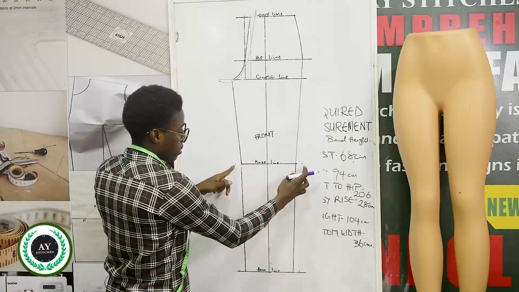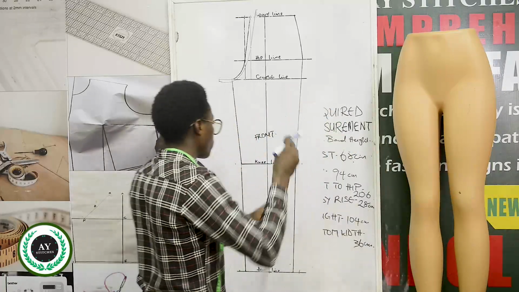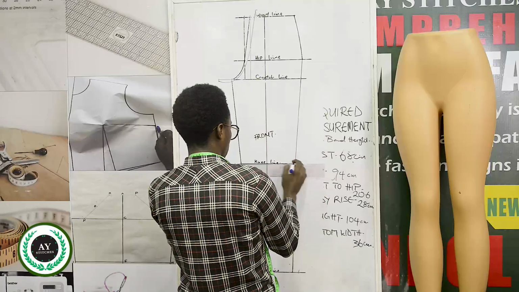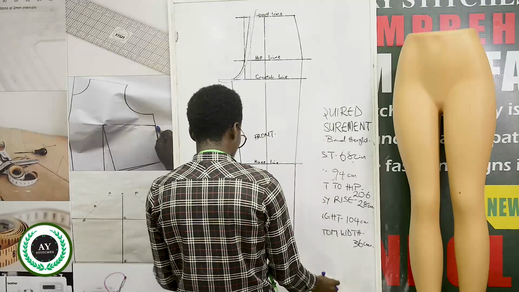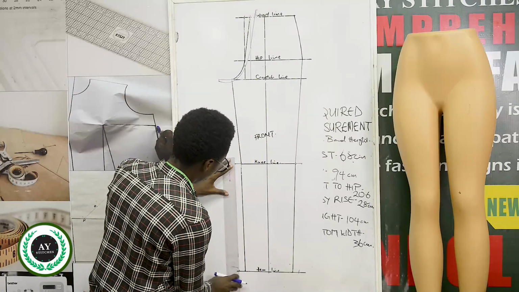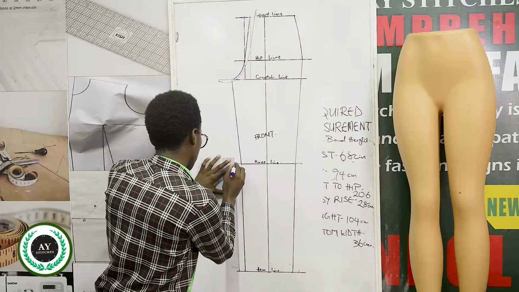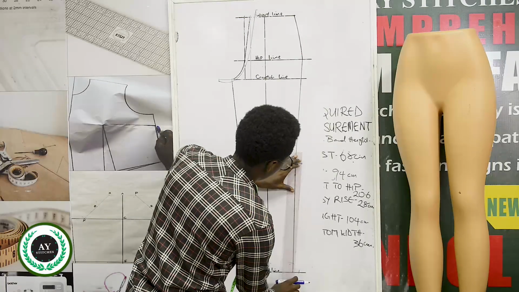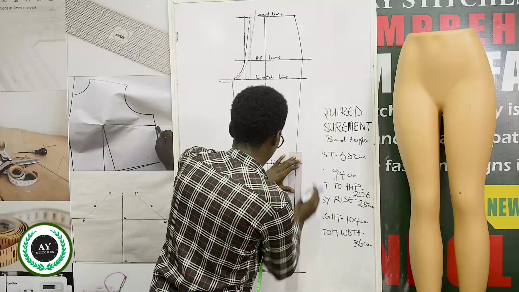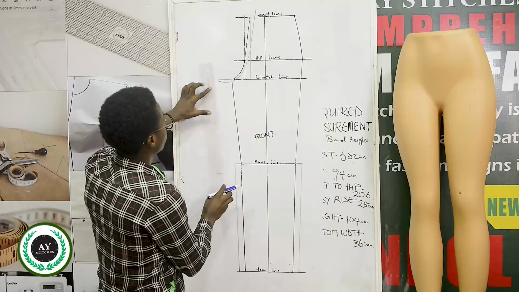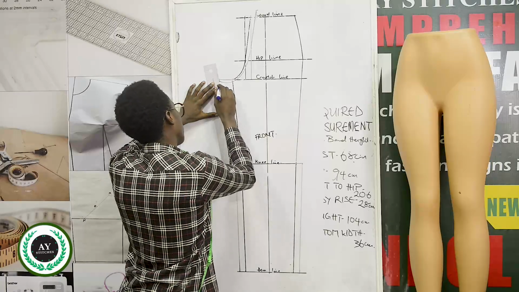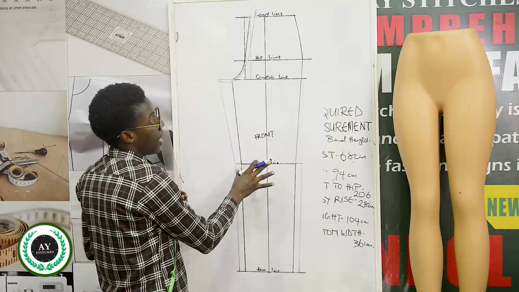So now that I have my 2 centimeter extended, at the knee and also the M line, I'm going to be connecting those 2 centimeters to meet each other. Okay, so once I have this, you connect from the 0.5 back to what? The 2 centimeter at the knee.